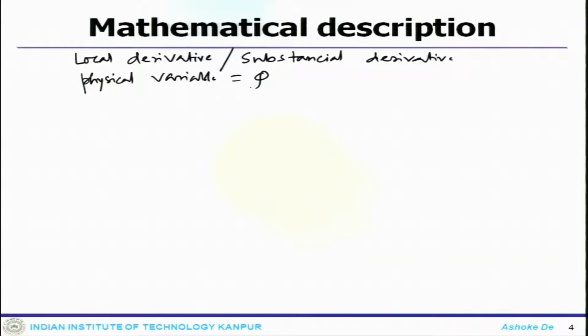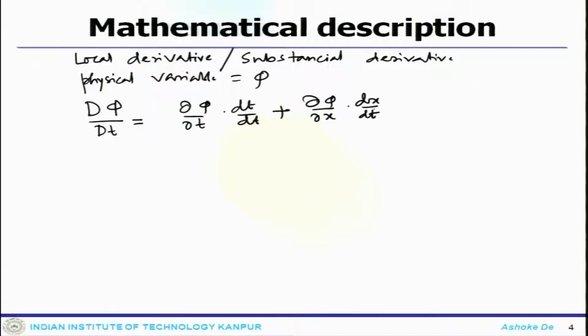The substantial derivative is written as d phi by dt equals del phi by del t, plus, since it is a function of x, y, z, del phi by del x into dx by dt, plus del phi by del y into dy by dt, plus del phi by del z into dz by dt.